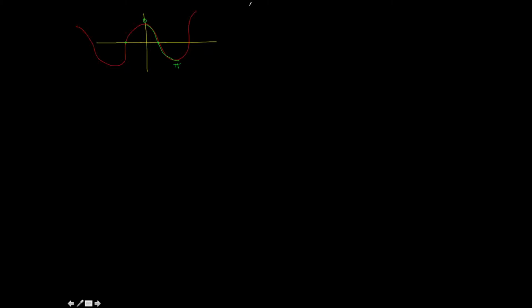So what we say is that the inverse of cosine when it's restricted from 0 to pi is y equals the inverse cosine of x, or y equals the arc cosine of x.